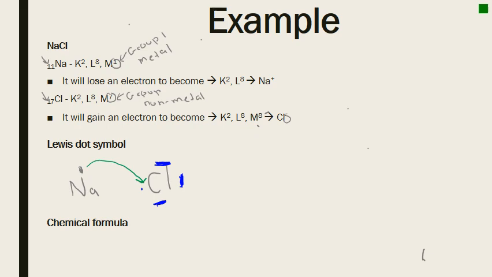So at the end the result we'll have is an Na plus, and then Cl, we put it in between brackets, and look what we have to do here.